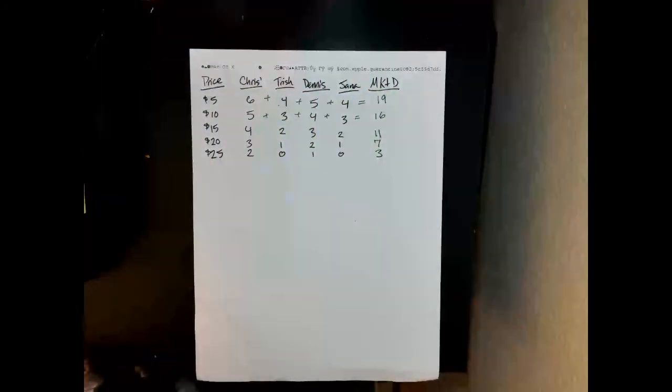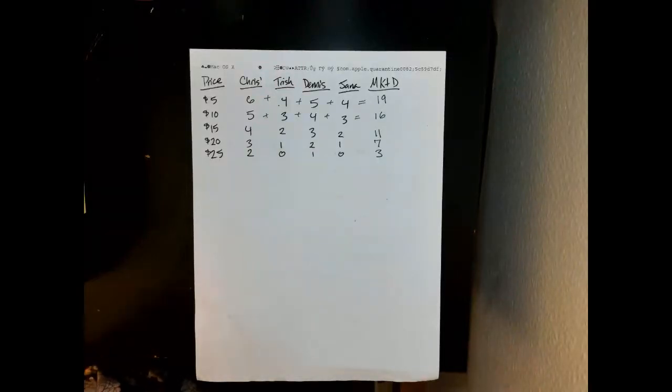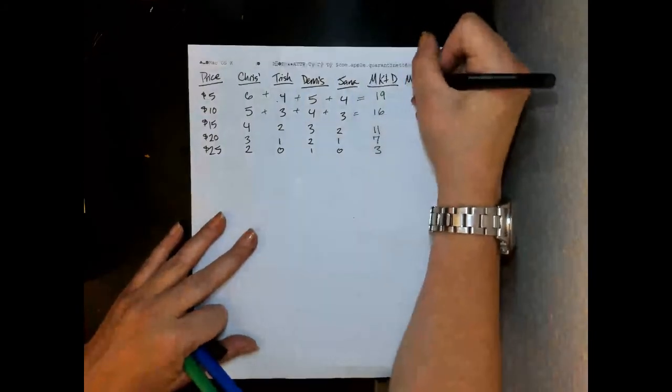Then the question says, if the market is willing to supply 4 books at $5, 8 books at $10, 11 books at $15, 14 books at $20, and 20 at $25, where is the equilibrium? I always think it's easier to write that market supply next to my market demand so I can see how they line up.